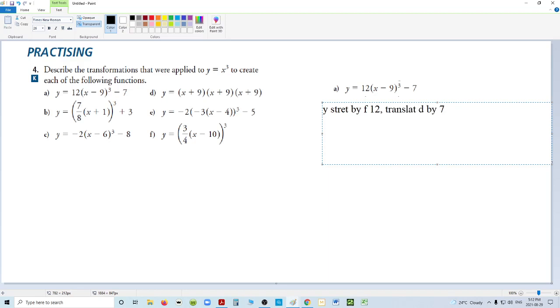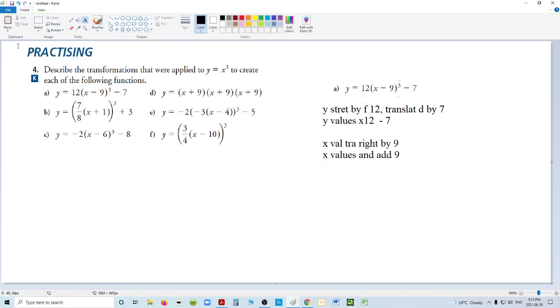So that means you take all your y values, multiply by 12, and subtract 7. Your x has only one translation, the -9, so that means all your x values are translated right by 9, which means take all your x values and add 9.